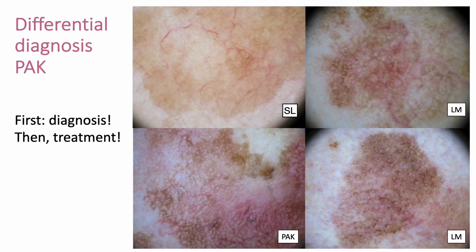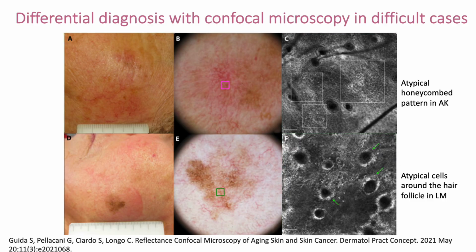We should be able to differentiate them with dermoscopy or other non-invasive skin tools such as RCM, or biopsy, because of course these types of lesions are those for which the patient will ask for treatment for macule removal, such as laser treatments and so on. So before doing that, we should perform the proper diagnosis. And we know that in difficult cases, we can actually use confocal microscopy and sometimes a biopsy when needed.